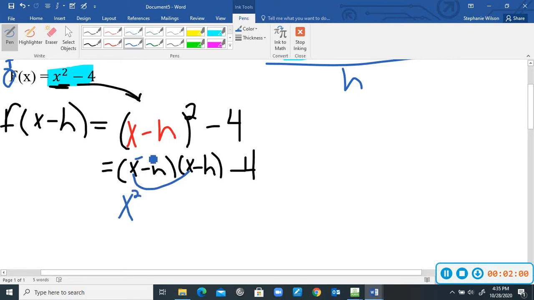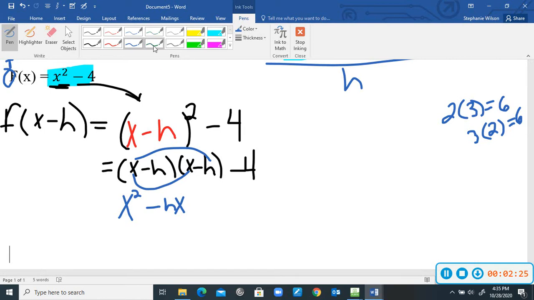I'm going to take the outers, x times negative h. And you can write it hx or xh. The order is not that important, because, just a little side note, 2 times 3 we know is 6, and 3 times 2 we also know is 6. Multiplication is commutative, so you can flip the order.